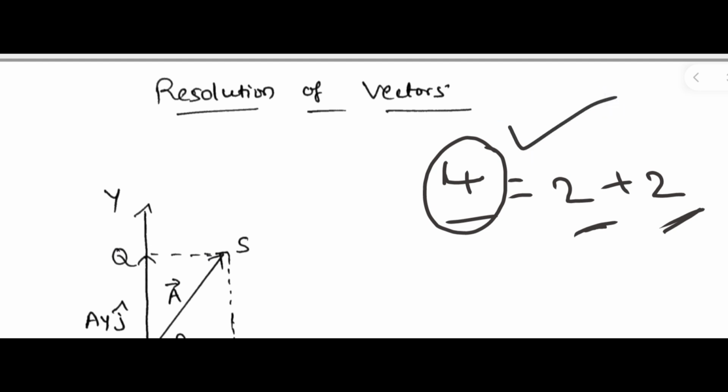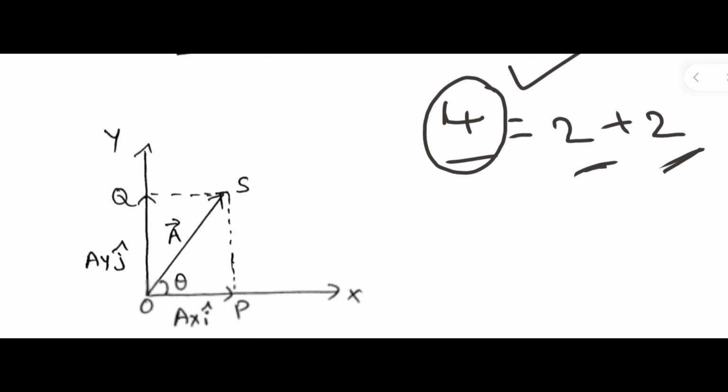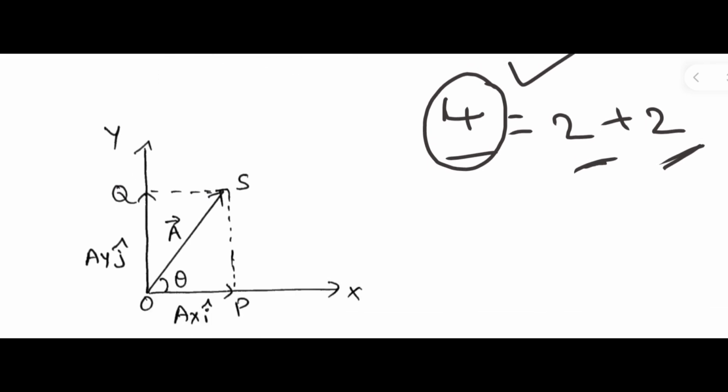In the same way, 4 is a vector which represents a certain quantity. It may be a position, displacement, velocity or anything. Here I am taking position. In the same way we are resolving a given vector. Here vector A can be split into axial components, x component as well as y component.